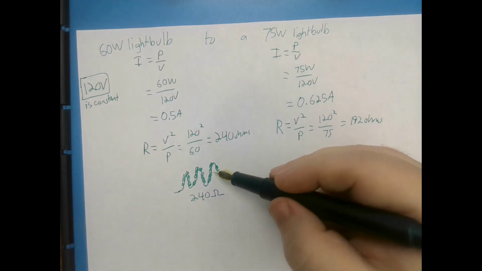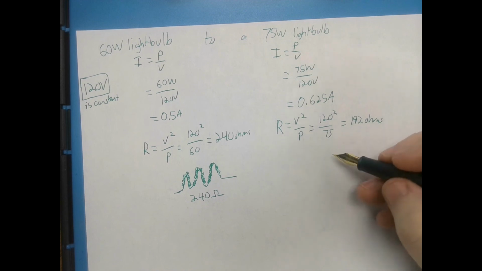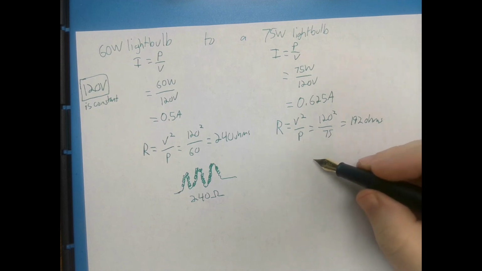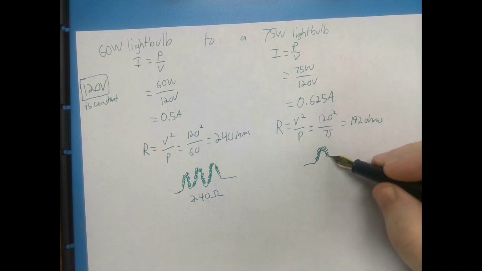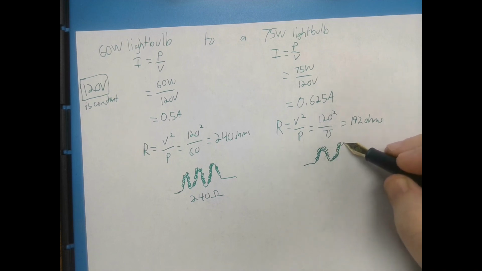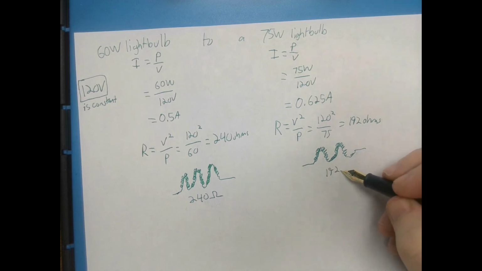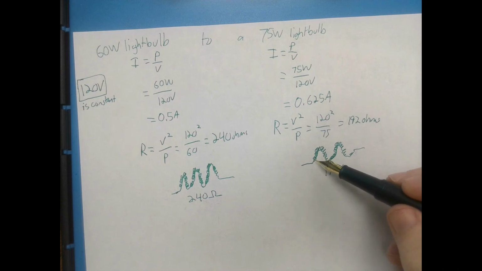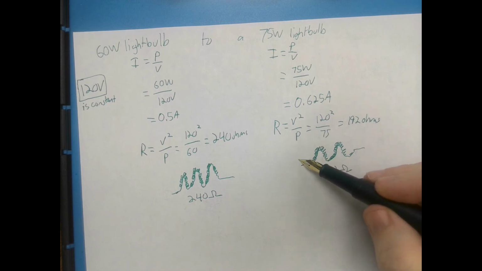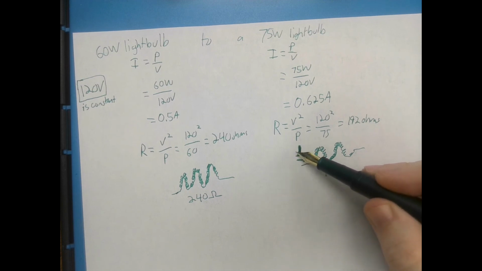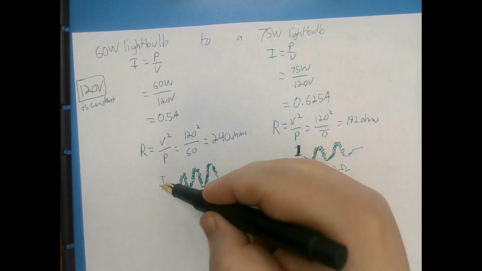If you remove some of the coils, or make it thinner, though usually you don't want to make it thinner, you can reduce the resistance down and get a brighter light, as it's going to allow more current to flow through it. And we get 192 ohms. Because there is less resistance, that means more current. So this has a bigger I going through it, not that much bigger.